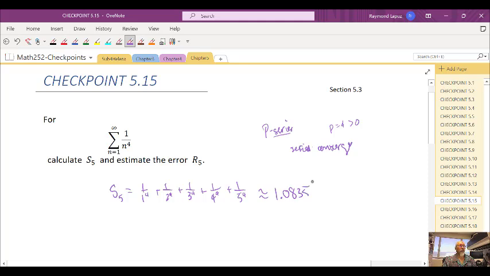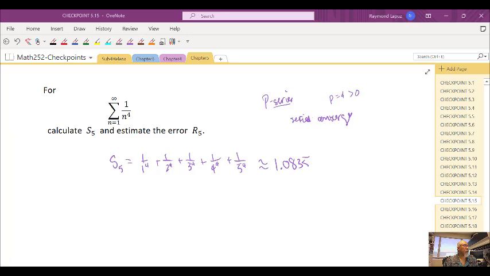For us to find the error, there is a theorem, an estimate that they discuss in the textbook, that says r sub N, and we'll use capital N because the little n is the variable, is bounded: it is less than the improper integral from N to infinity of whatever the series is that you're looking at.